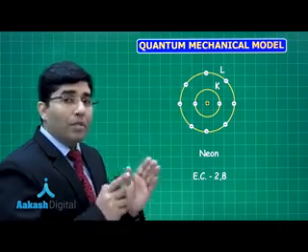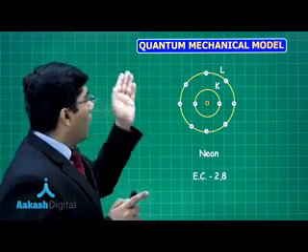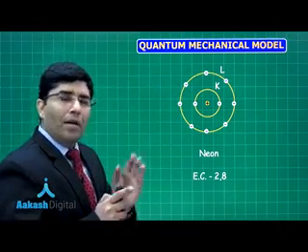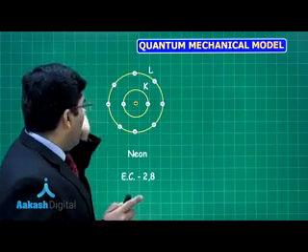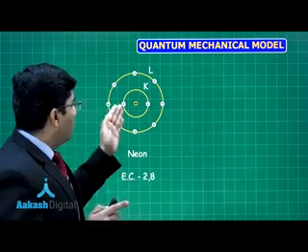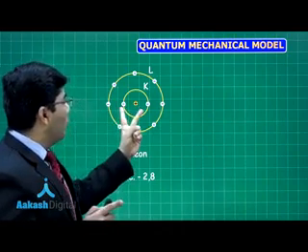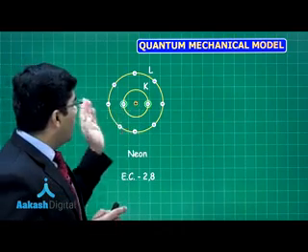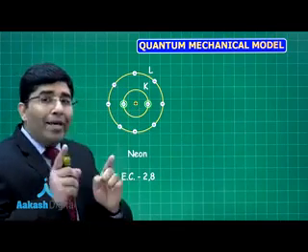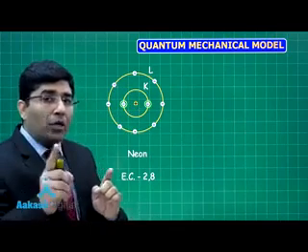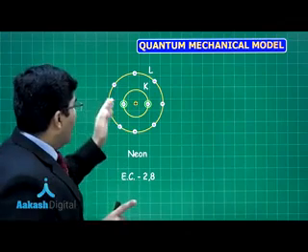But this is objectionable in the quantum mechanical model. Let us discuss why that is so. Now this is the neon atom, and if we talk about these 2 electrons which are moving in the K shell, we cannot locate the electrons in the shell.